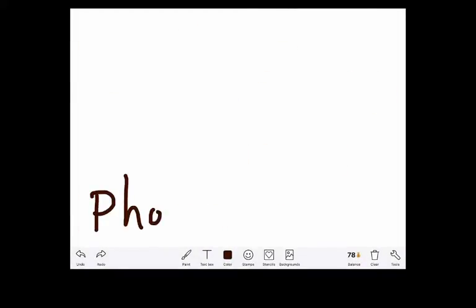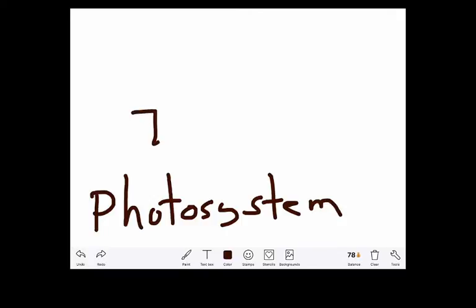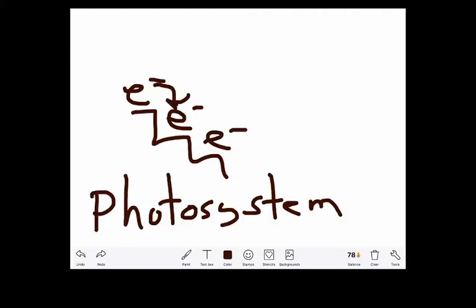Photosystem 2 is called the non-cyclic pathway because the electrons for the electron transport chain of photosystem 2 come from the breakdown of water.